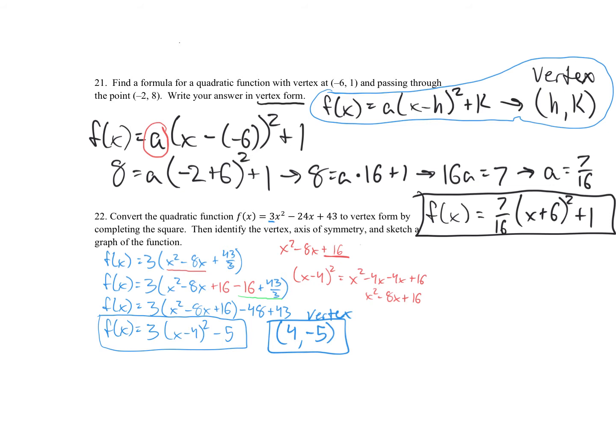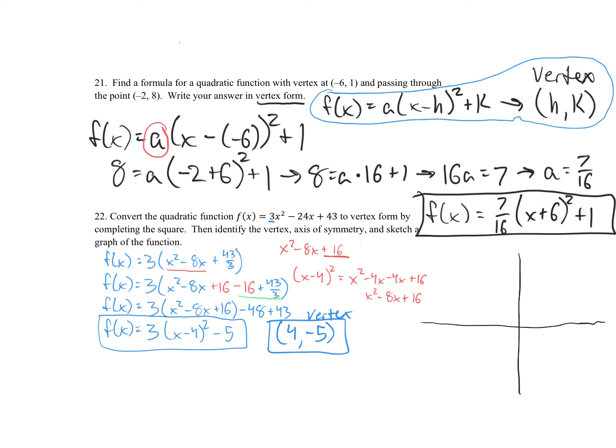And since we know where the vertex is, quadratic functions look like either a U or a mountain, and they're symmetrical about the vertex. So if we imagine, we're going to sketch a graph of the function. And so here are a pair of axes that we can use.